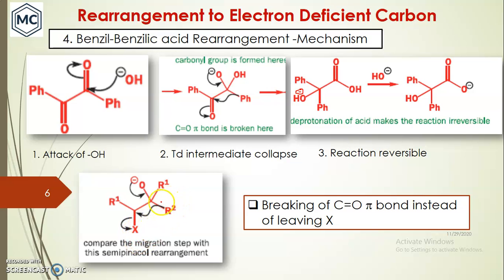So in the semi-pinacol reaction, this oxygen becomes pi bonded, then R migrates towards this carbon and the halogen leaves. That is the difference. So breaking of the C=O pi bond takes place in benzilic acid, instead of a halogen leaving as in semi-pinacol.